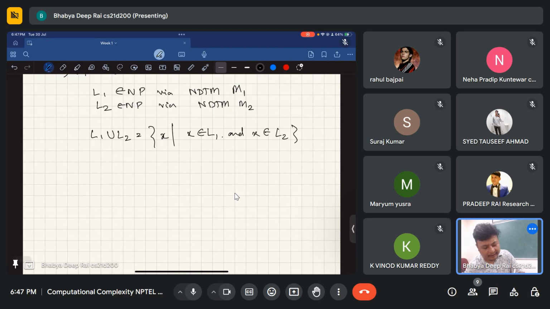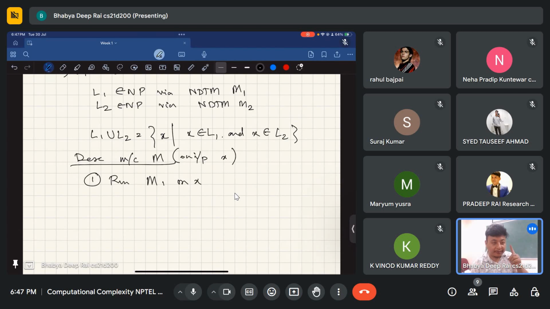I describe a machine M as follows. On input X, I run M1 on X, and remember that M1 is a non-deterministic Turing machine. So it will start making some non-deterministic choices.